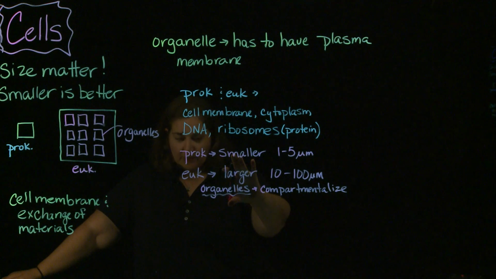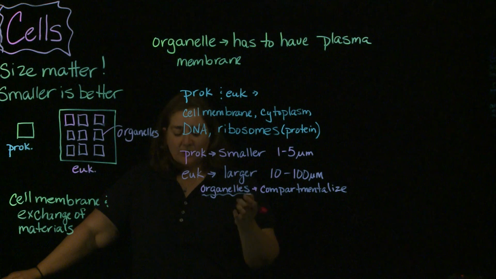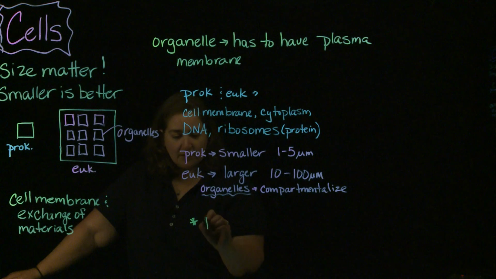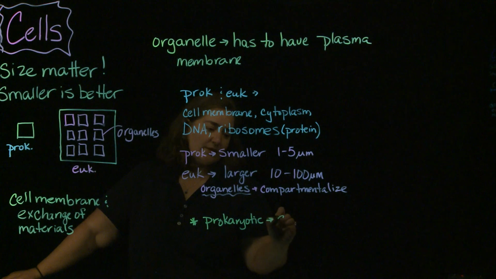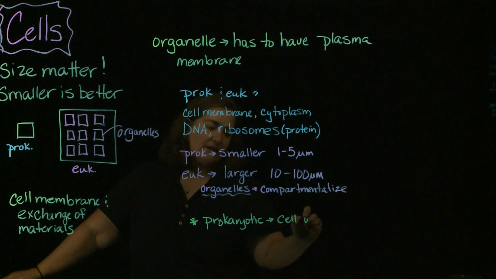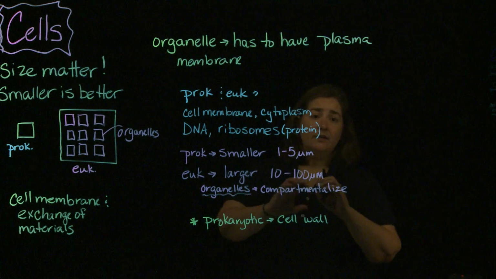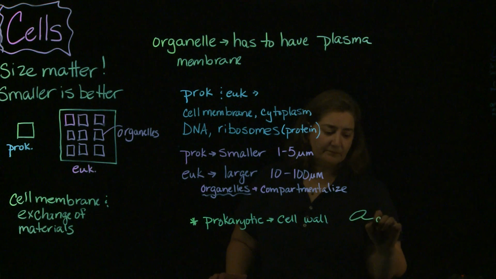These are going to be some of our differences. And one of the other things I want to make sure to point out, prokaryotic cells are going to have a cell wall, meaning essentially, if we draw this here, this is going to be our cell membrane.